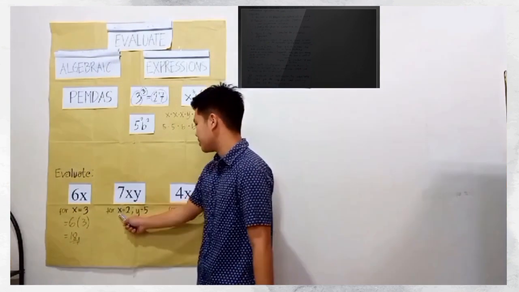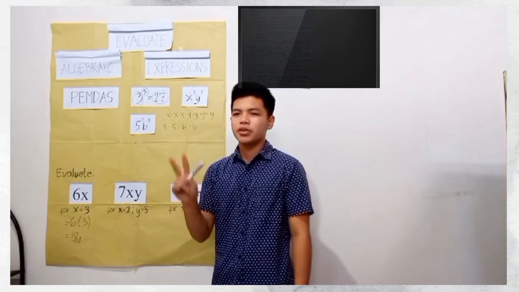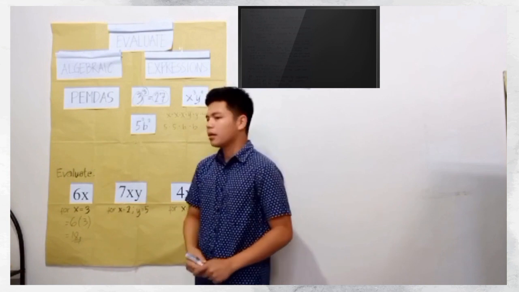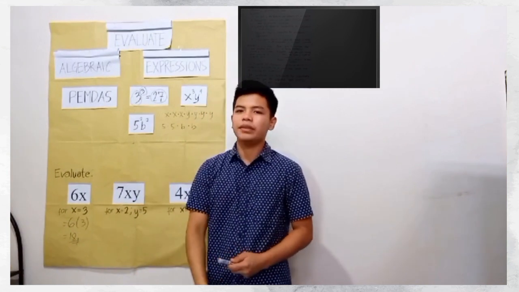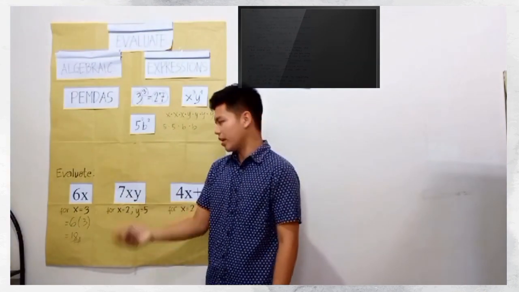Okay, next we have 7xy, for x is equal to 2 and y is equal to 5. Here we have two variables, x and y. Just like we did in the first example, we just replace the value of the variable.